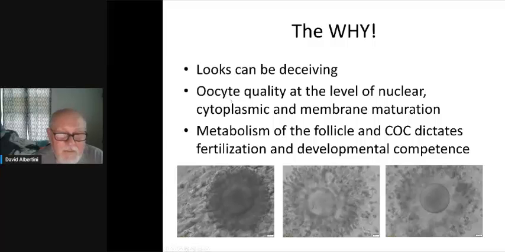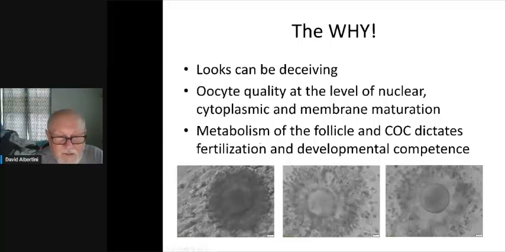And that's part of the problem, because we've now seen that oocyte quality is not only dependent on the level of the nucleus and its nuclear maturation or completion of meiosis, but there are a huge number of cytoplasmic and plasma membrane changes that have to occur if not only fertilization is to proceed normally, but even later development.